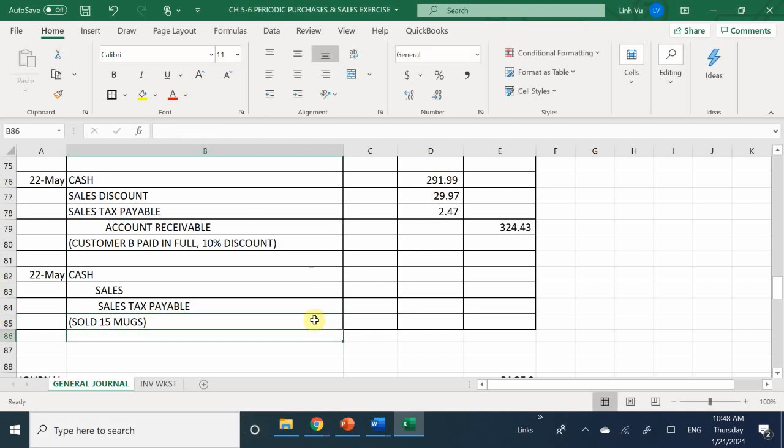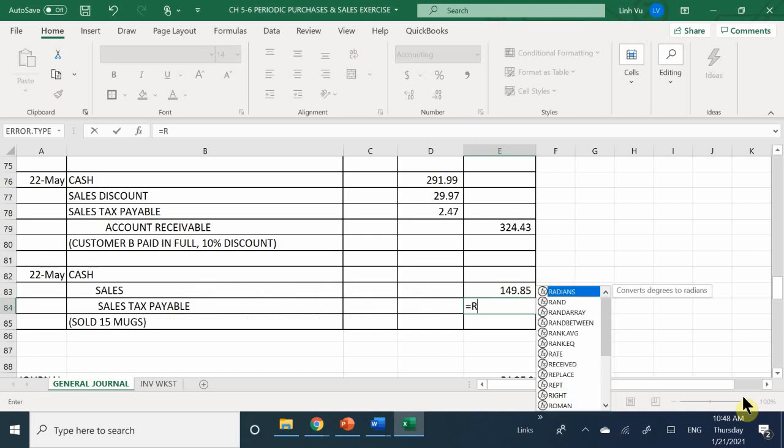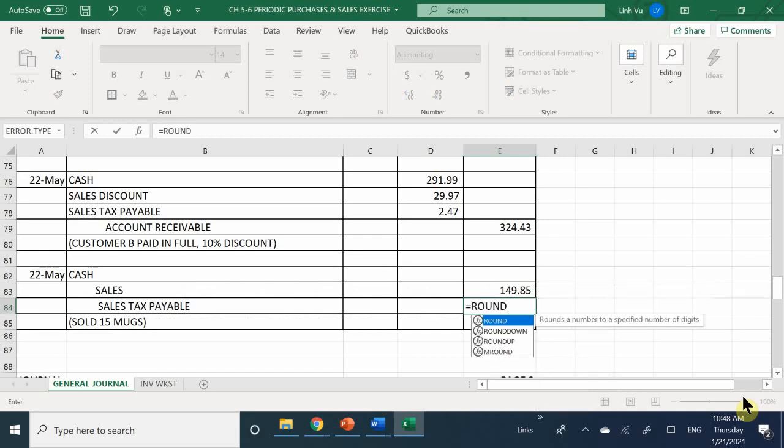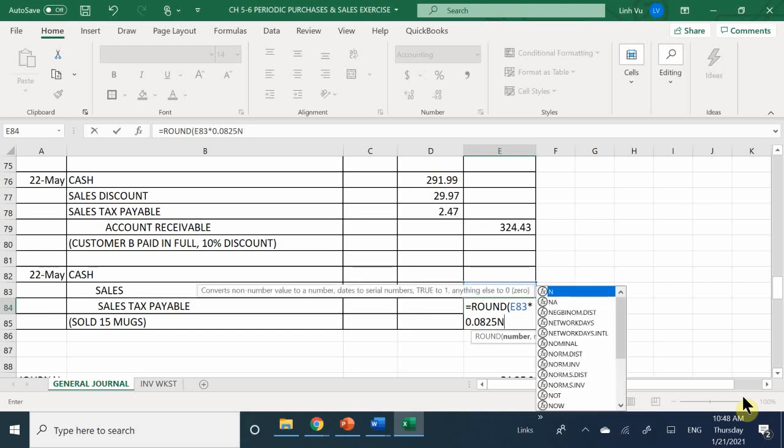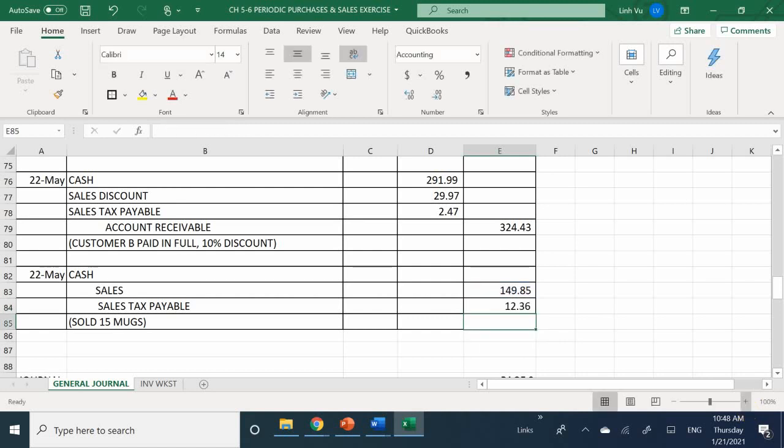Okay, so how much did it cost us to sell 15 mugs? What was our total sales price? $149.85. What is the tax that we are going to collect from this? $12.36.